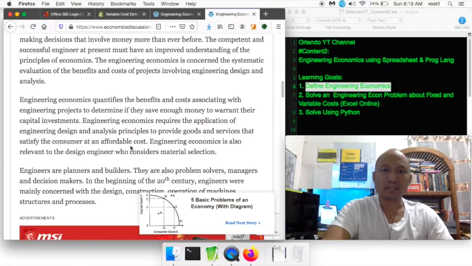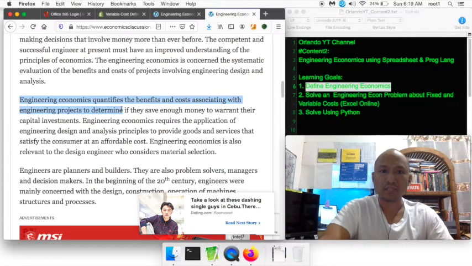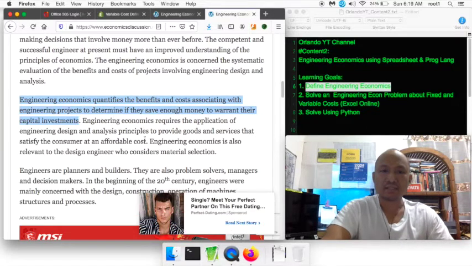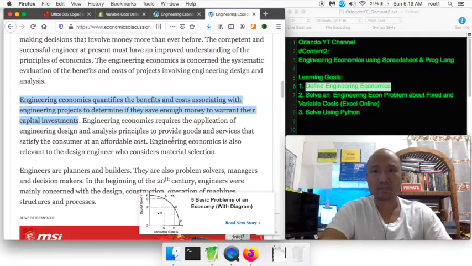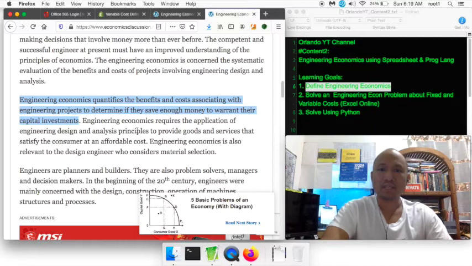Engineering economics quantifies the benefits and costs associated with engineering projects to determine if they save enough money to warrant their capital investments. That's why engineering economics is very important for engineers, because even though we have many solutions to solve specific problems, engineers also need to identify and analyze if those projects are economically feasible or not.